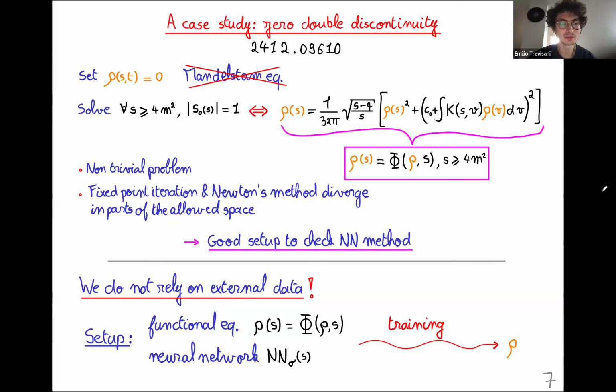And how does it compare with the usual technique? Okay, in 2 dimensions, we did not try to find the allowed space. We jumped quite quickly to the 4-dimensional problem.